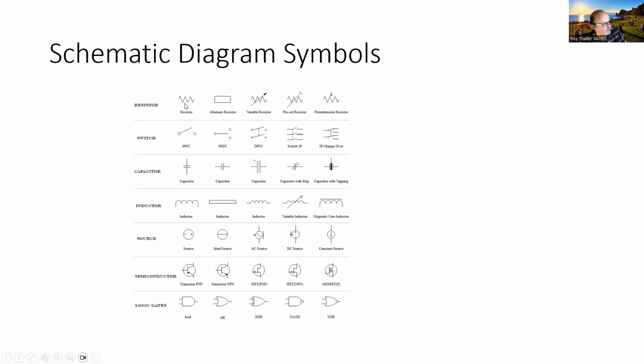Here, for example, is a resistor. Here are different types of switches. Here's what a capacitor could be. Here's what an inductor might look like. Here's what a source could look like. And then semiconductors like transistors, MOSFETs, and JFETs, and we'll be talking about all of these in future sessions.